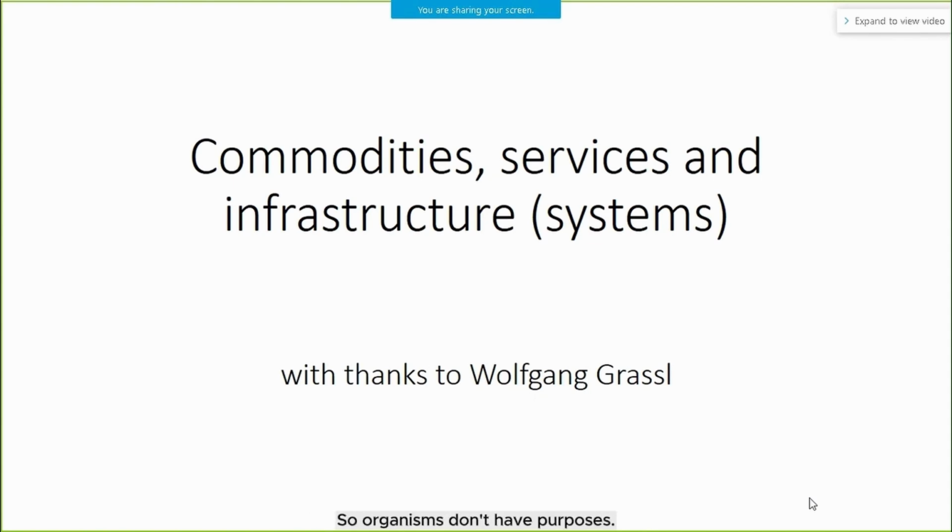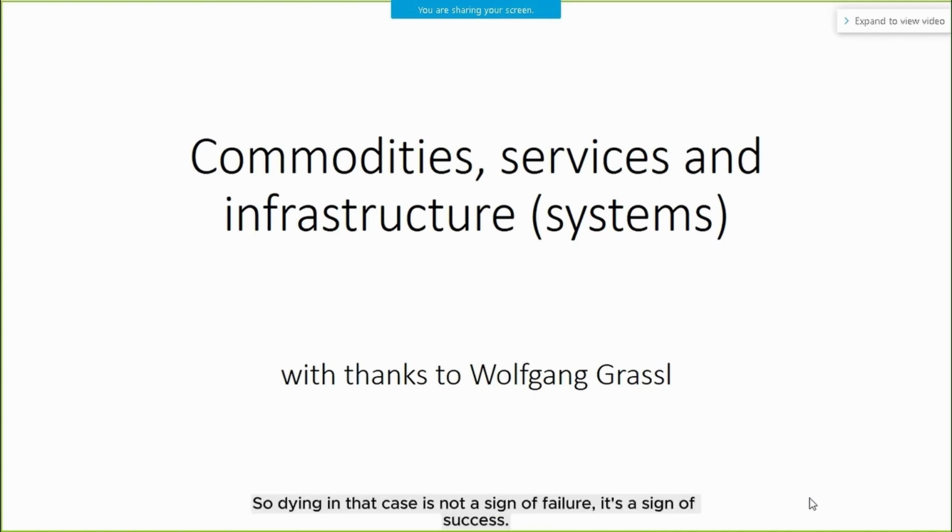So organisms don't have purposes. Oh, you're saying organisms do have purposes. So in other words, organisms could fail if they die. But no, an organism dying isn't necessarily failing, because it may have perpetuated its genome. Some organisms die in reproducing. So dying in that case is not a sign of failure, it's a sign of success.